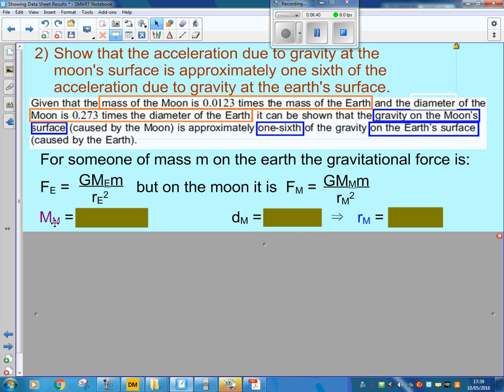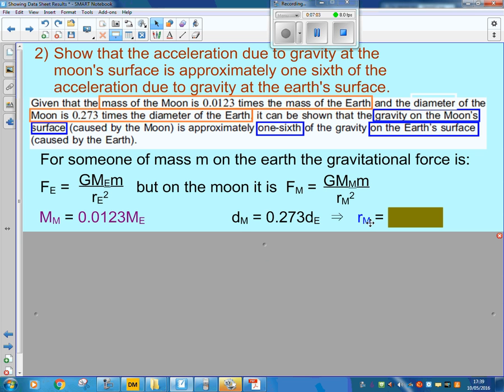So, what information can we use here? We're told the mass of the Moon is 0.0123 times the mass of the Earth. The diameter of the Moon is 0.273 times the diameter of the Earth. Now in both cases, the diameter is twice the radius. The radius is half the diameter.